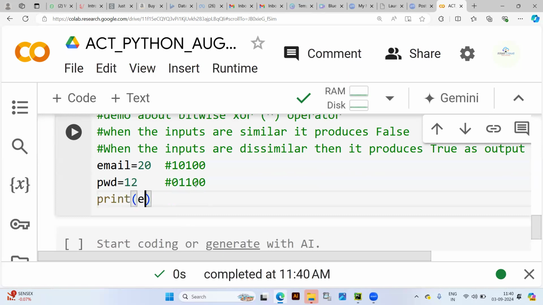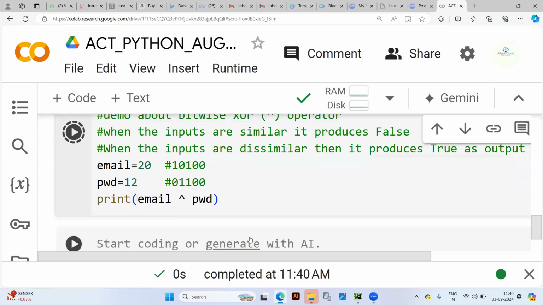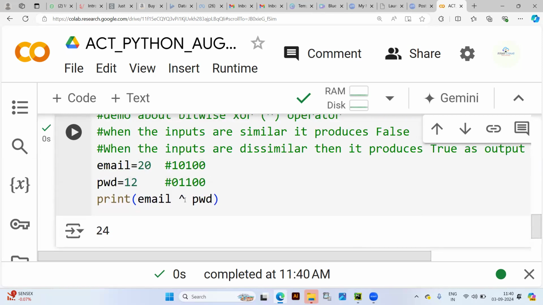Print email ID, email, exclusive operation, password. 24. So in the network, it will be going 11000, which is equivalent to 24. This is how the exclusive operator is going to take the logical output and it will be produced.